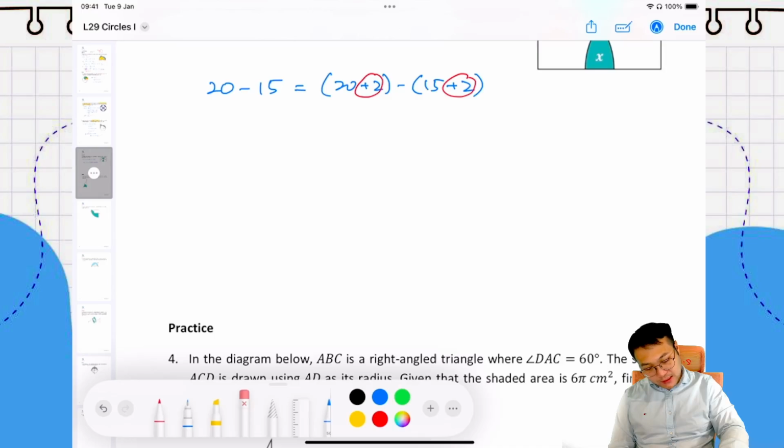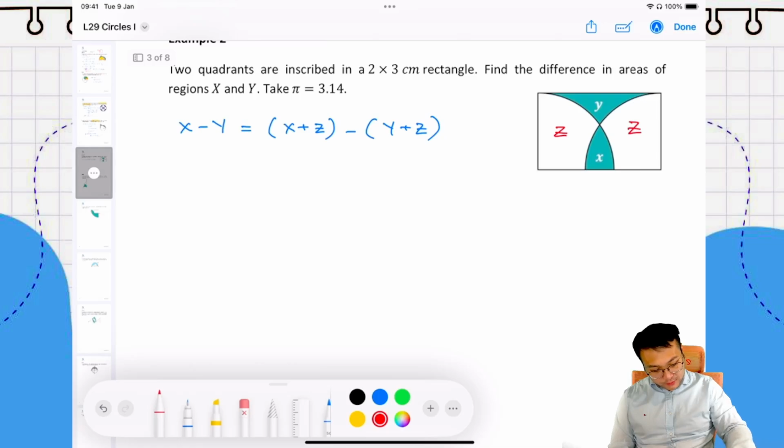One more thing: if I were to open up the brackets, x plus z minus y, be very careful. Whenever you see a negative sign outside the bracket, negative and positive give you a negative. So let's write minus z. Can you see that the z cancels out? You're still going to get x minus y.